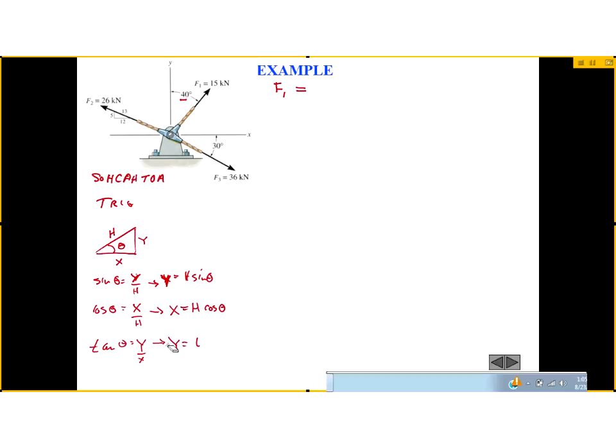Or you could say that theta is the arctangent of y over x. Okay, that's all the trig you really need to know for this part of the class. It's really, really basically simple.